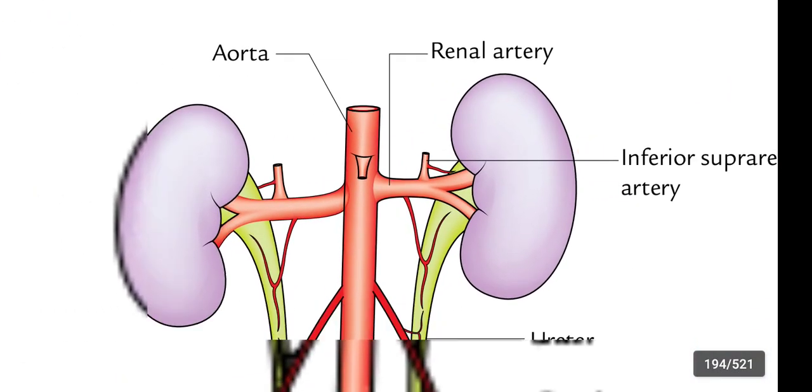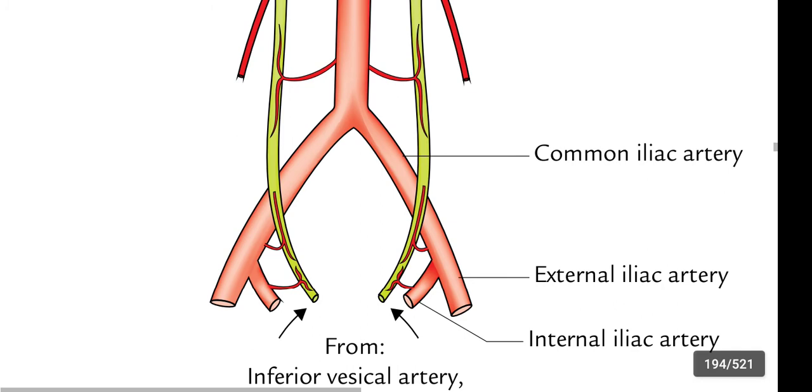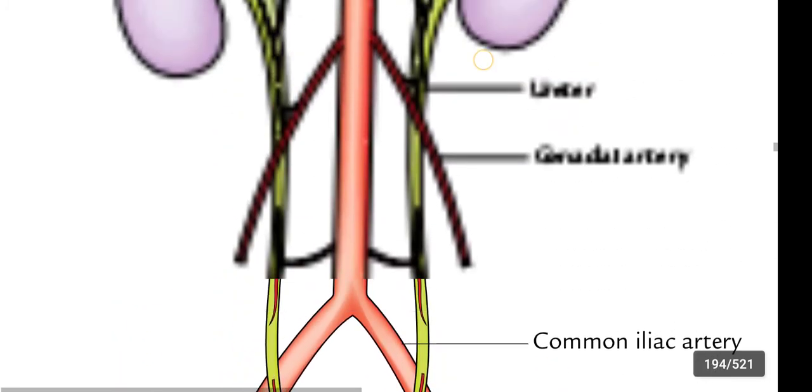This figure shows the arterial supply of the ureter. Okay, see one by one.